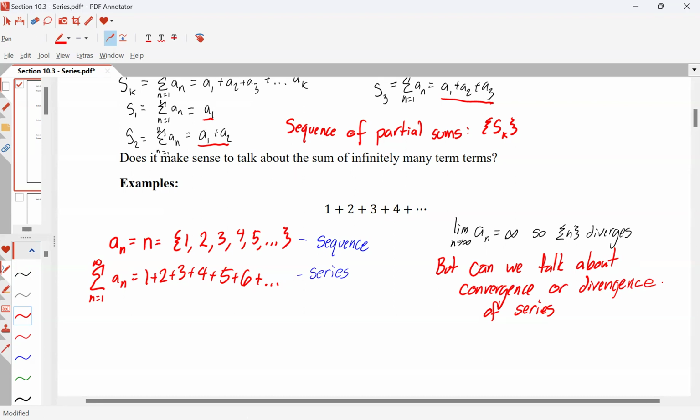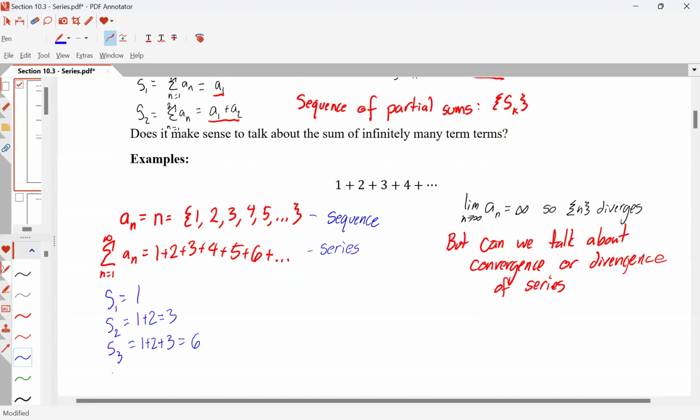And that's where the sequence of partial sums comes in. For the sequence of partial sums, we say, okay, S sub 1 would be the sum of the first term, 1. S sub 2 would be 1 plus 2, which is 3. S sub 3 equals 1 plus 2 plus 3, which is 6.